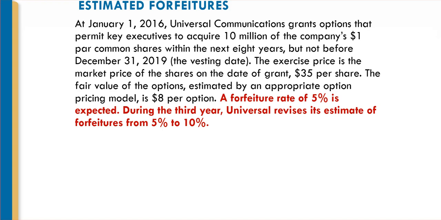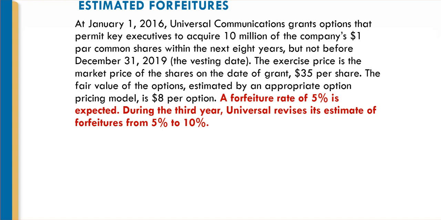They grant a right to acquire 10 million of those shares, and then again, we've got that vesting date, and we calculate it at $8, and we would have said $8 times 10 million or 80 million. But now we think 5% will not ever be earned because those executives are going to leave us. 5% of our people in this group that's getting these options are going to leave.